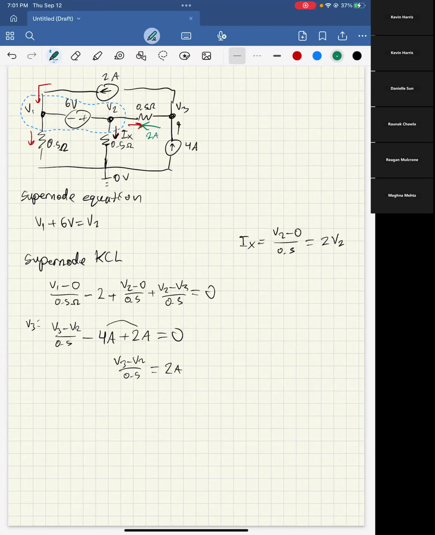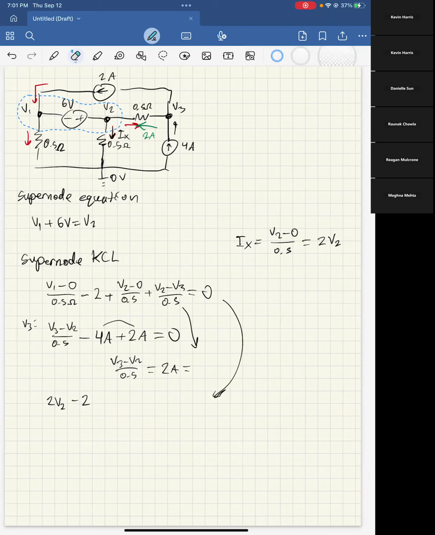So once you have that, this is equal to the negative version of it, basically equal to that one in the other equation. So then just going back to the other equation, I probably should have done this in a bit of a different order, but to simplify the other equation, you have 2V2, that's just dividing by 0.5, minus 2.